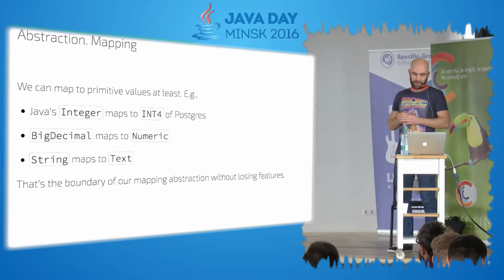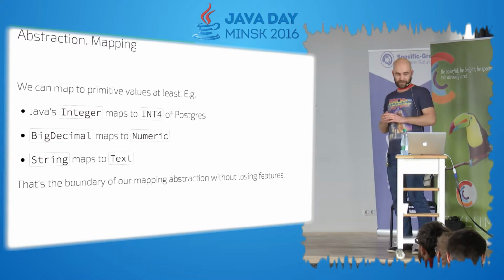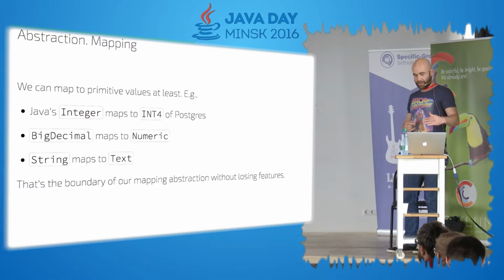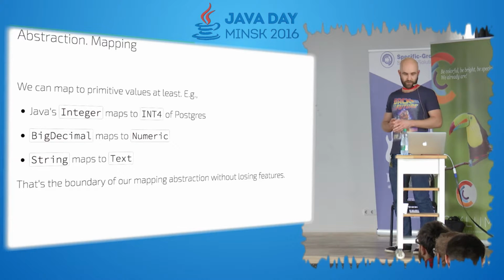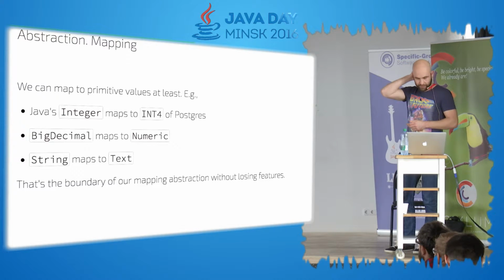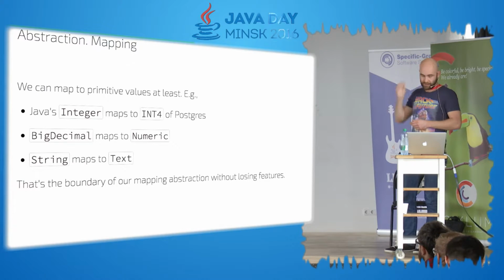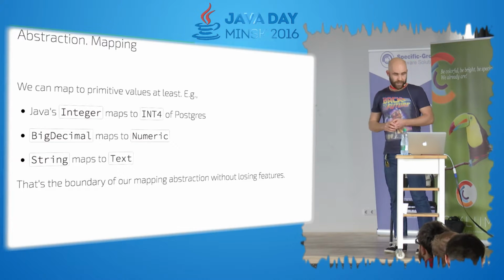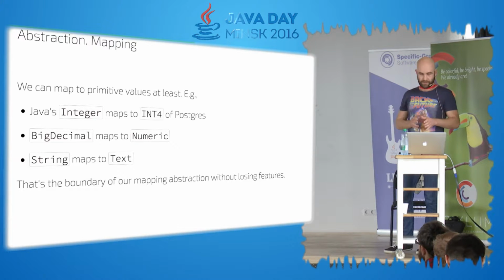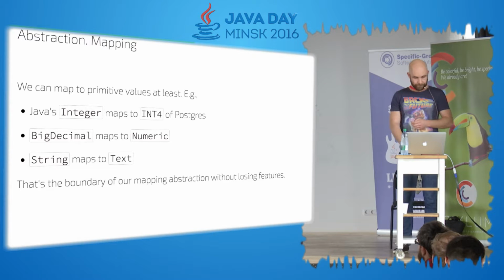And it turns out that we can safely stop at the level of primitive values like integers, booleans, strings, and whatever types the databases have. And we have a lot of native types that we can safely translate from the types that the databases have. And those are just a few examples of those.